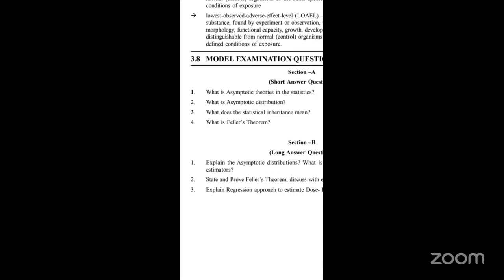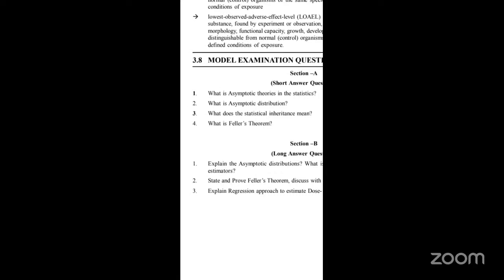What are asymptotic theories in statistics? Asymptotic distributions, Fieller's theorem, statistical inference. What is the asymptotic distribution of ratio estimators? State and prove Fieller's theorem, discuss with an example. Explain the regression approach to estimate dose response relationships.